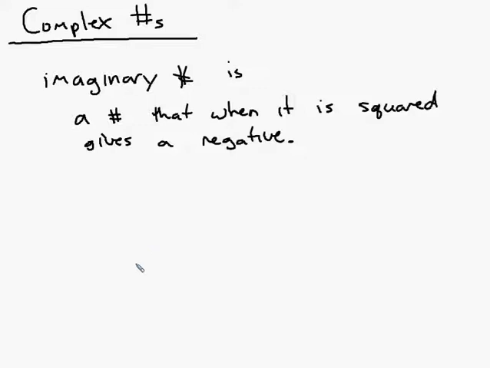That's what we define it as. So basically, we're going to say that number is i. That imaginary number is i. If I square that, I get a negative. In fact, I square it and I get a negative 1. So we're going to start there. i squared is negative 1.